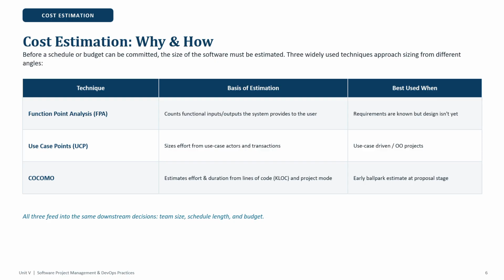COCOMO model, which estimates effort and duration from lines of code and project mode, for an early ballpark estimate at the proposal stage. All three feed into the same downstream decisions: team size, schedule length, and budget.